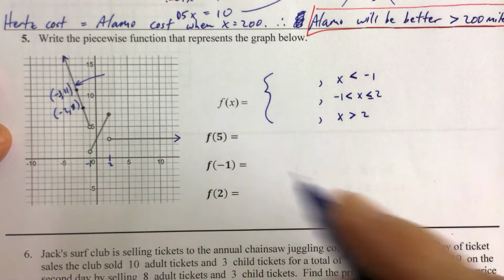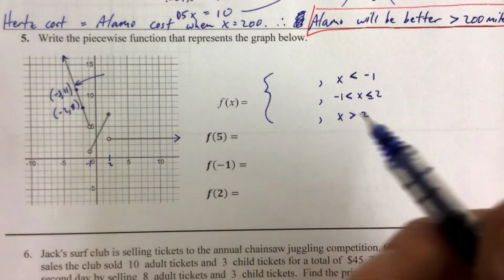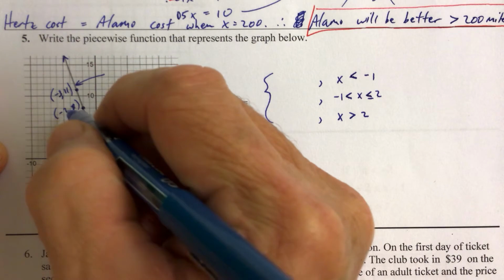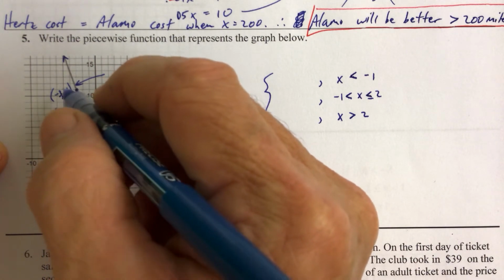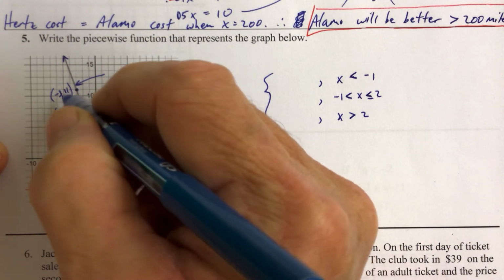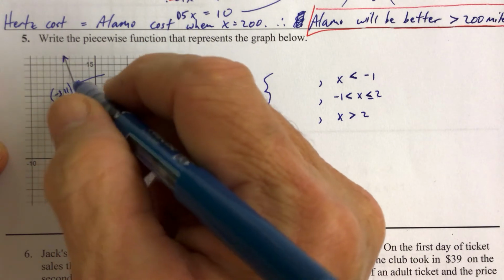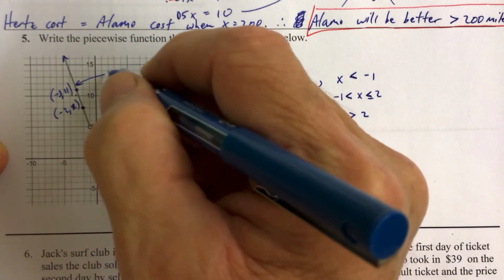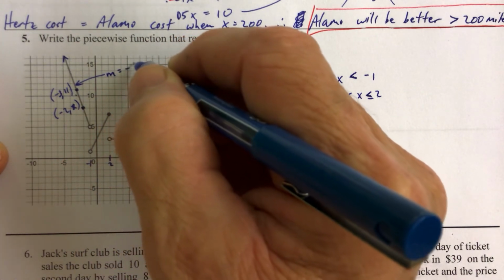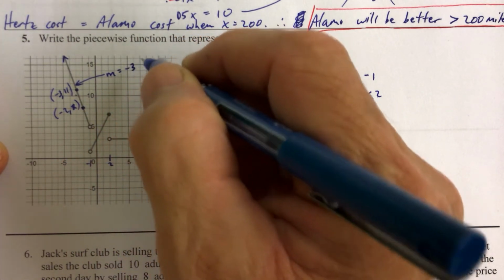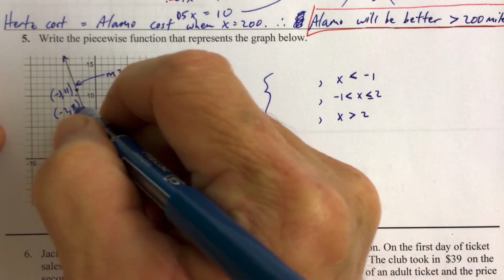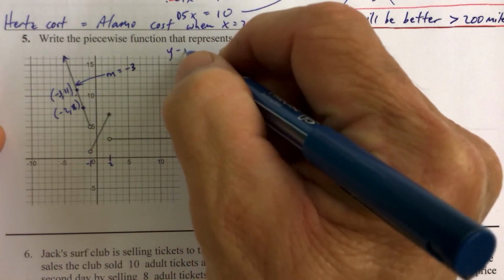Alright, that's a little bit better. If we want to come up with the equation of a line that goes through 2 points, we would first find the slope. We could use the slope formula, 11 minus 8 over negative 3 minus negative 2, or we could just count down 1, 2, 3 and over 1. So the slope of the line is down 3 and over 1, which is just down 3, which means it's negative 3.